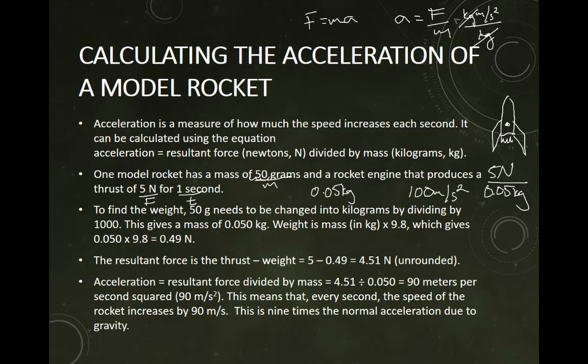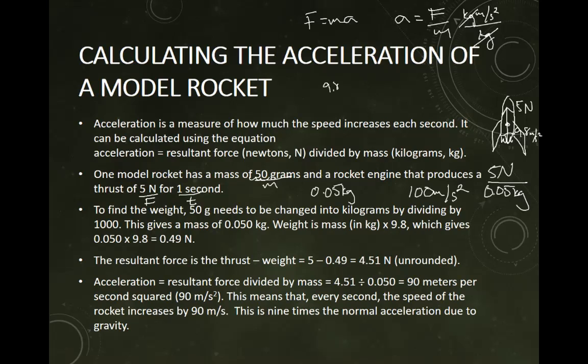we have our thrust, which is going to go this way, 5 newtons. But we also have to remember that gravity is fighting our rocket at 9.8 meters per second squared. Okay, and this is going to determine our weight.